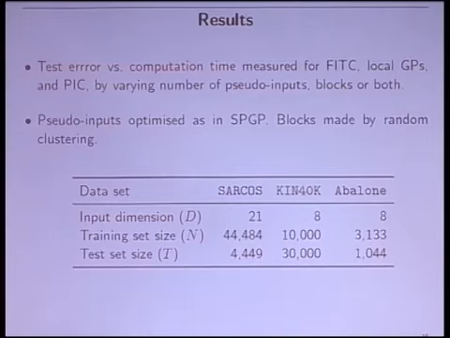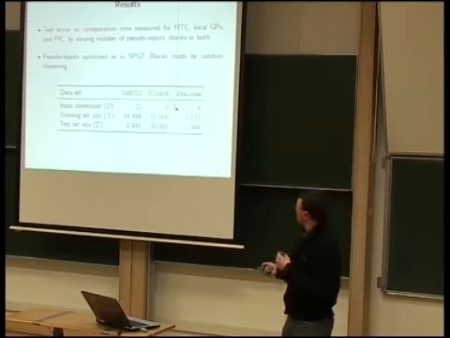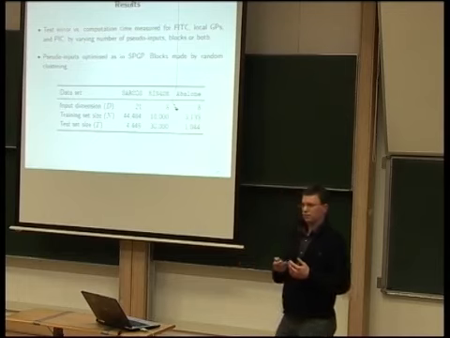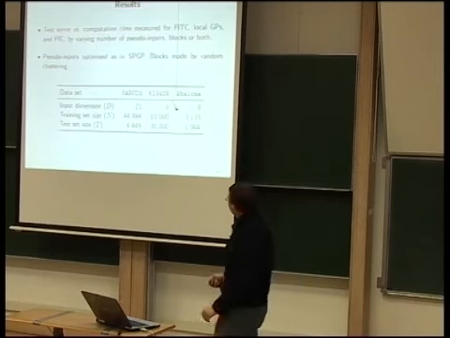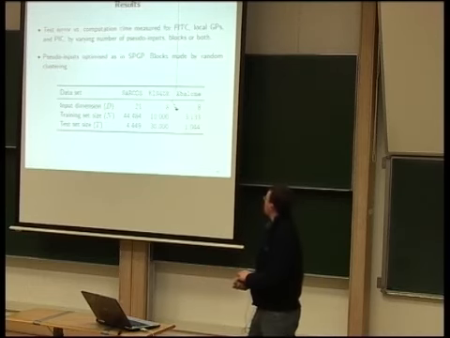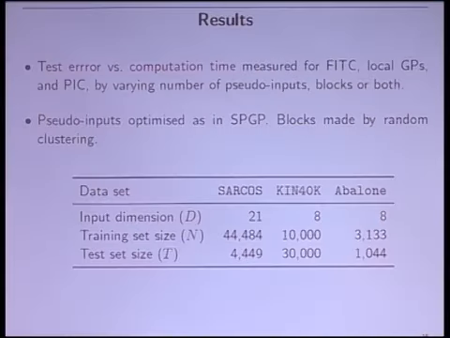And in each of these, we vary the number of pseudo inputs we're using, or the number of blocks we're using for the local regression, or both for the combined. So as we vary them, we get different computation times and different error rates, and we look at the curves. The pseudo inputs are optimized as I described before, and the blocks are just chosen by some cheap clustering method.